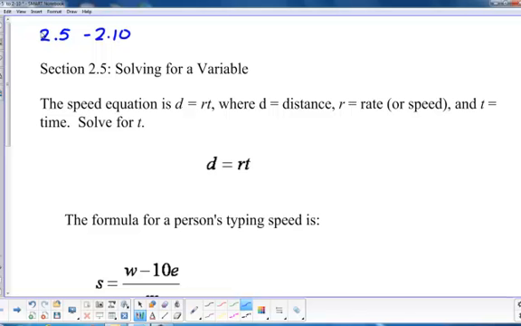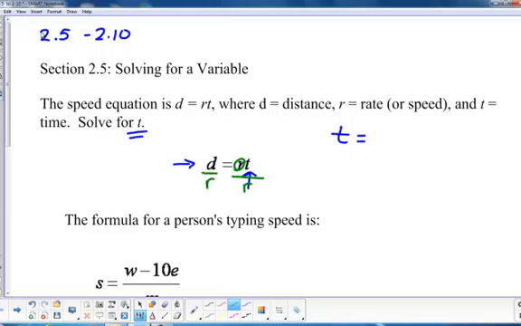So if you have an equation with all letters, being this, D equals R times T, if you want to solve it for T, which means you want to get the T totally alone, you want this to look like T equals something, then you would have to undo this R. So to get rid of that R next to T means multiply, so to undo that, we would need to divide.